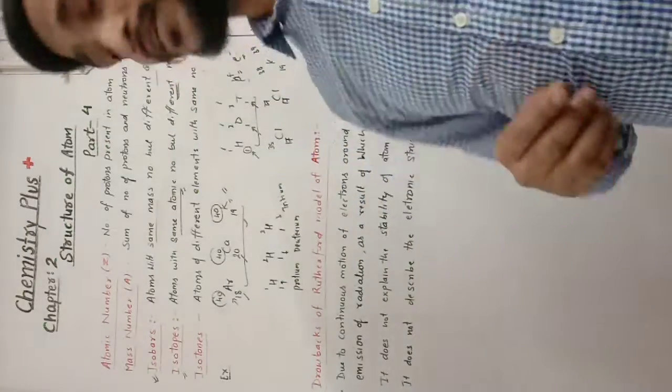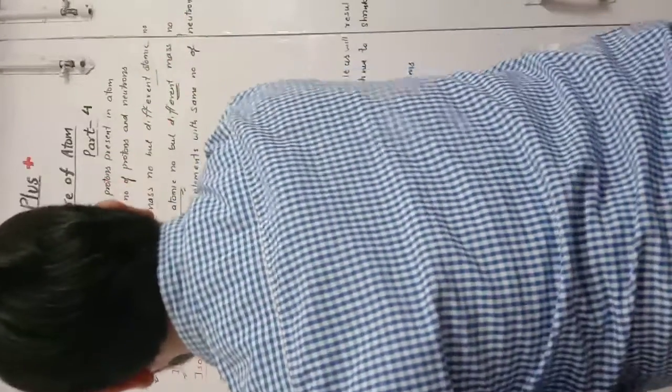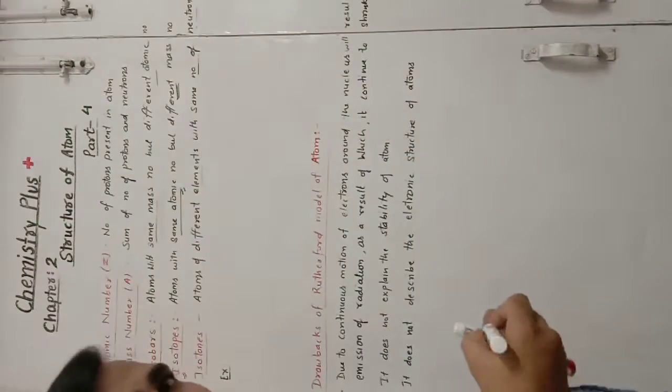Now the third identity is the isotones. Isotones are different elements having the same number of neutrons in them. So this is the definition of isotones: showing the same number of neutrons but of different elements.